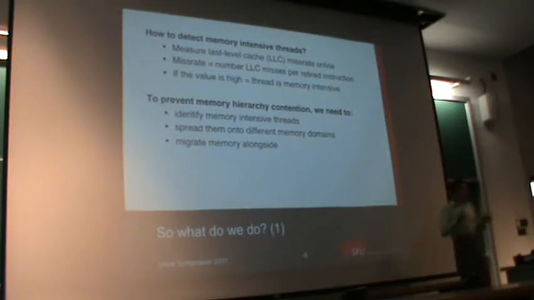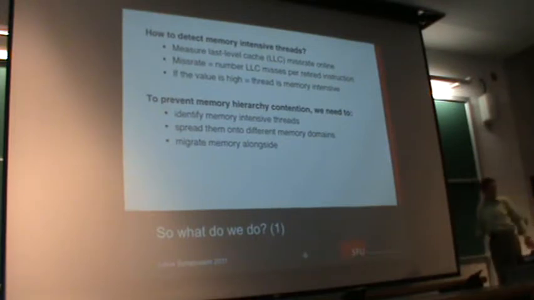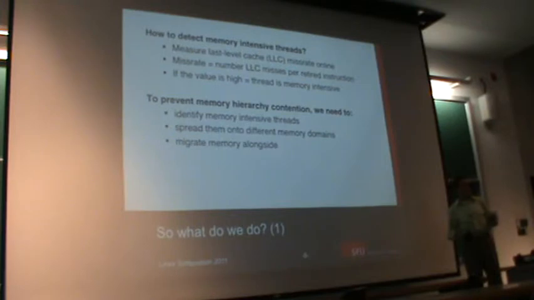For that, this is sort of common knowledge in the systems research field and computer science. We in our lab published quite a number of papers on this, and Intel published quite a number of papers. It's common knowledge these days that the last level cache miss rate can be used to detect memory intensive threads. In reality, it's a little bit more complicated than that.